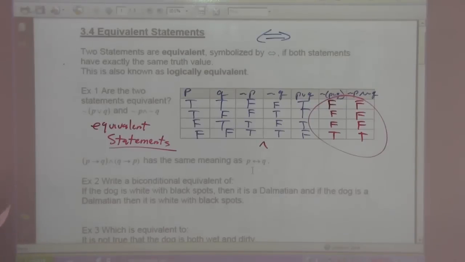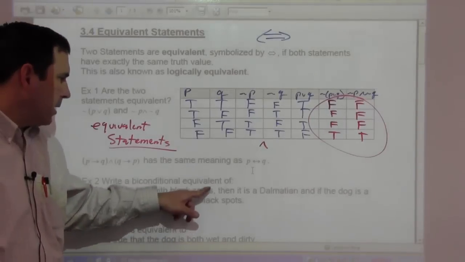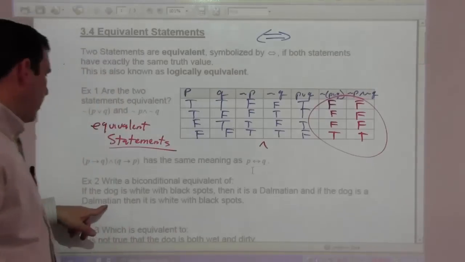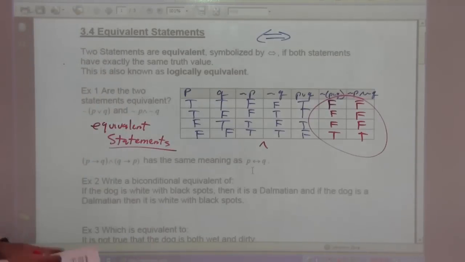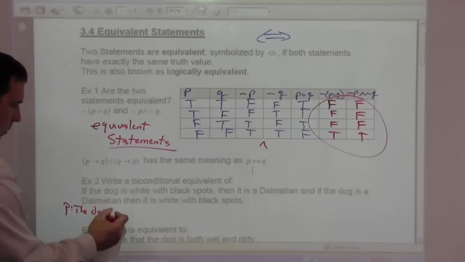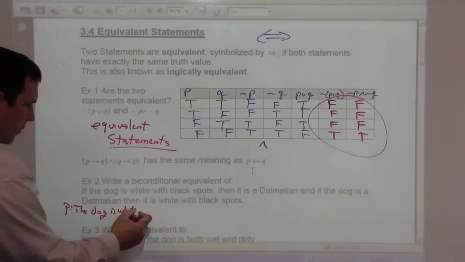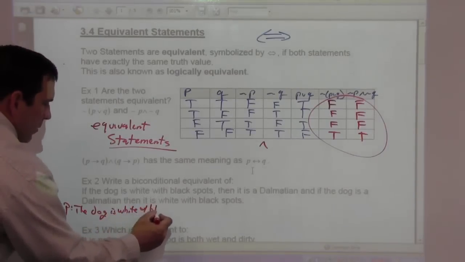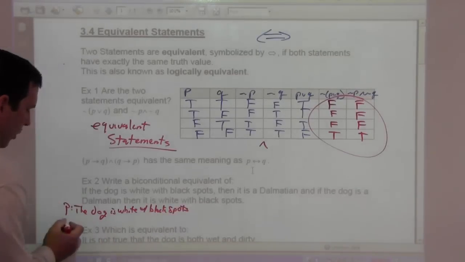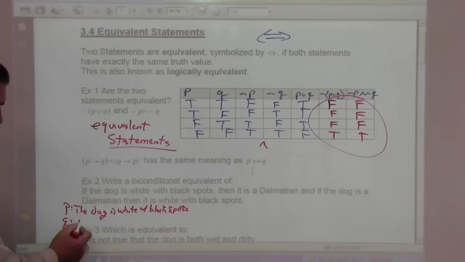Okay, you write a biconditional statement of, if the dog is white with black spots, then it is a Dalmatian. And if the dog is a Dalmatian, then it is white with black spots. So what we're seeing here, we have a P, the dog is white with black spots, and our Q would be the dog is a Dalmatian.